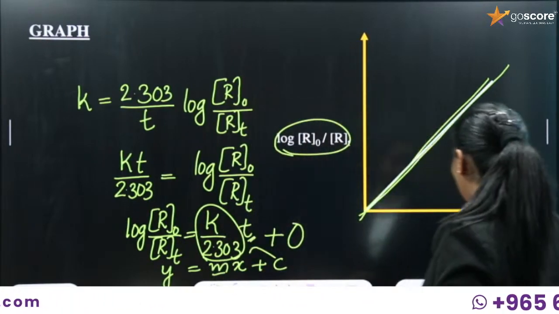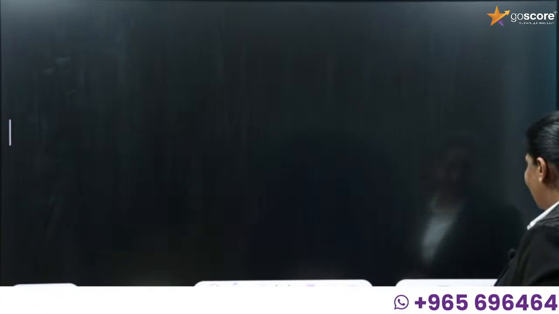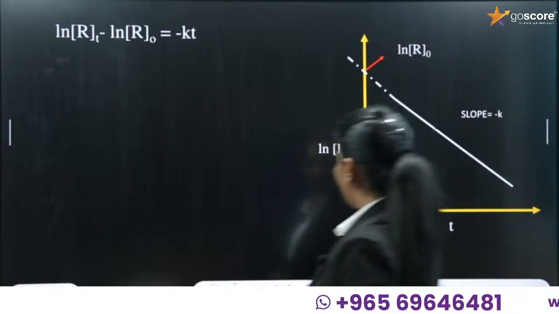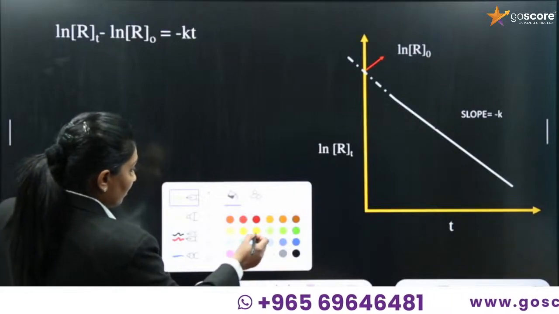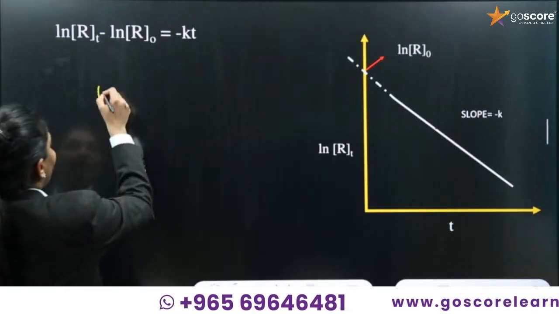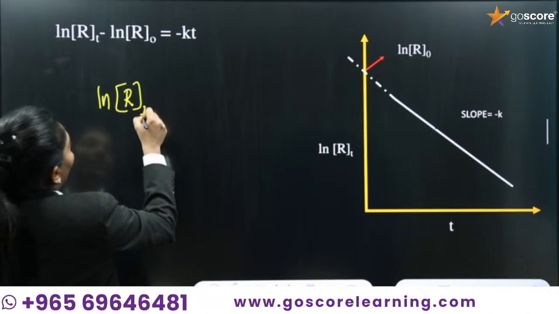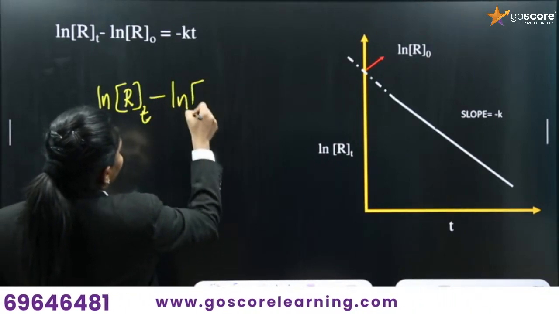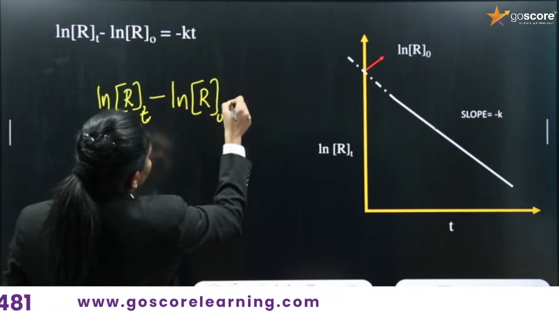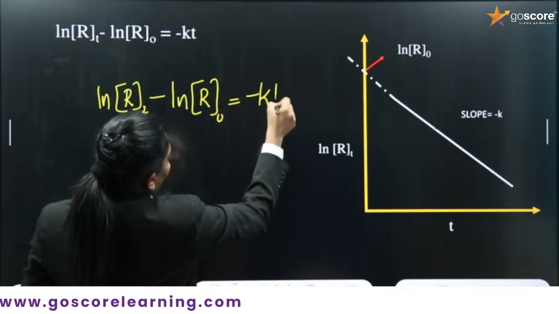Okay. And also we can draw one more graph. As I told you, you should keep in mind this equation also, that is ln RT minus ln R0 is equal to minus KT, right?